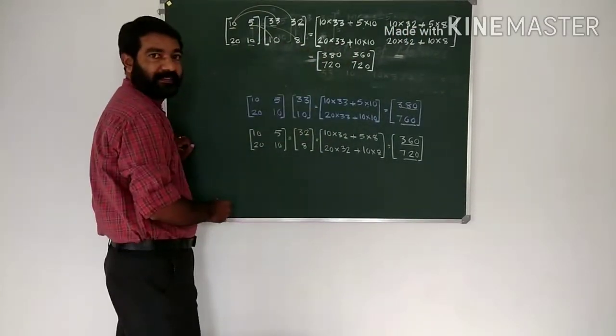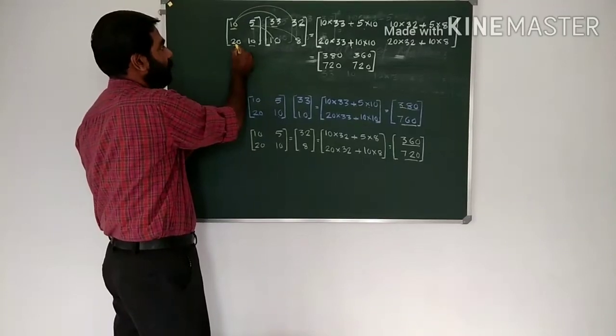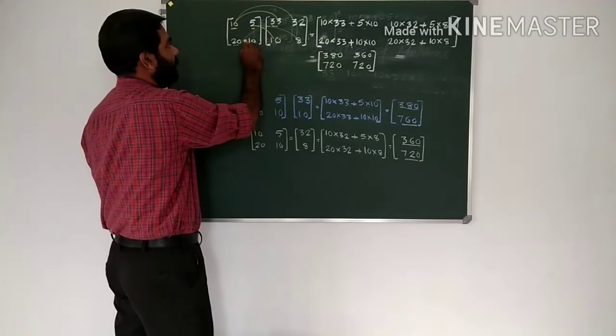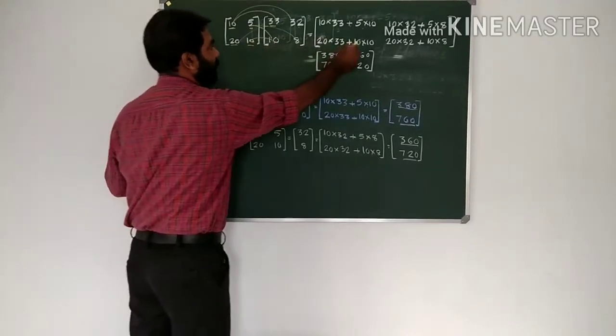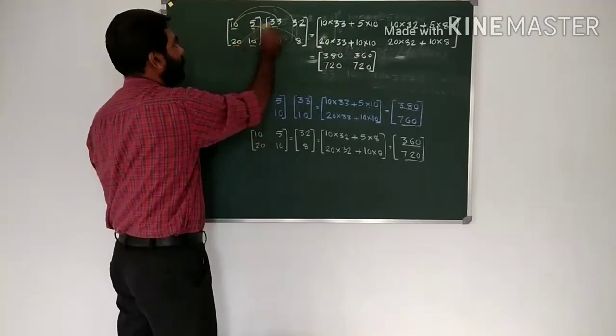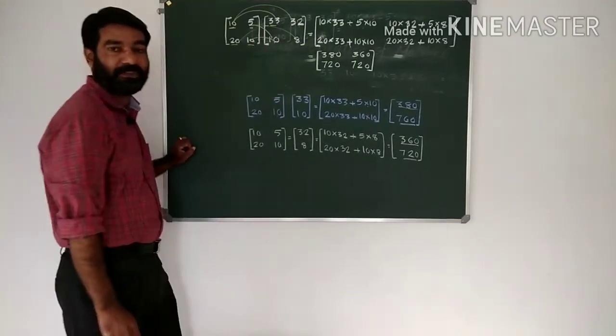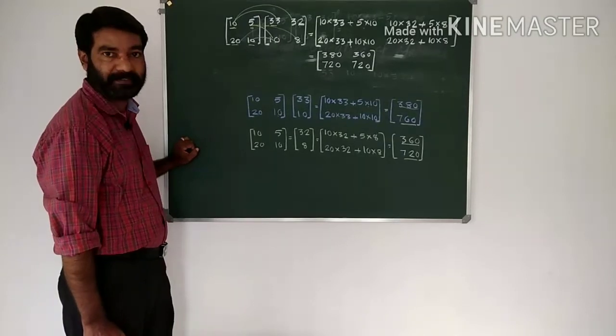Then again 20 into 33 plus 10 into 10. Then 20 into 32 plus 10 into 8. So this is actually matrix multiplication.